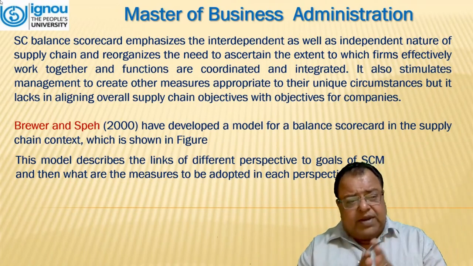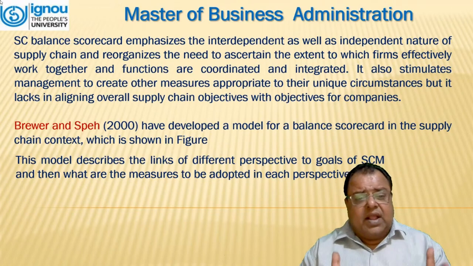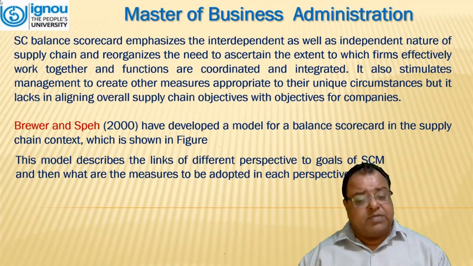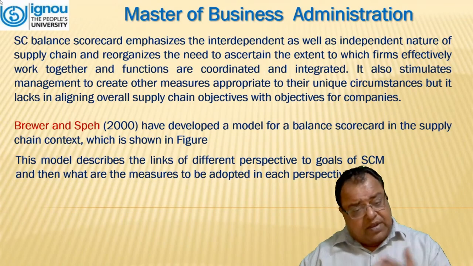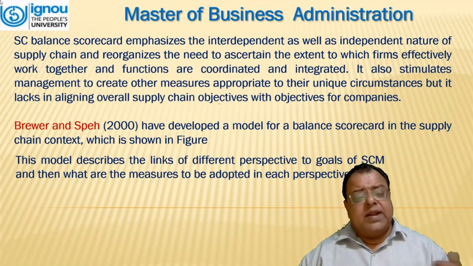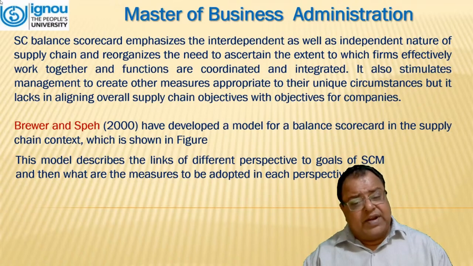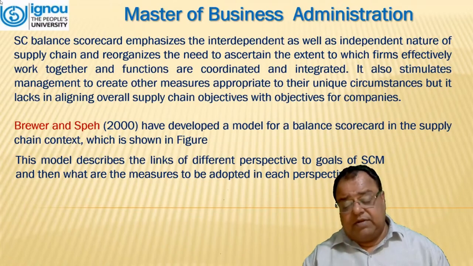It also stimulates management to create other measures appropriate to their unique circumstances, but it lacks in aligning overall supply chain objectives with objectives for companies. Weber and Spain have developed a model for a balanced scorecard in the supply chain context. The model describes the link of different perspectives to goals of SCM and then what the measures to be adopted in each perspective are.